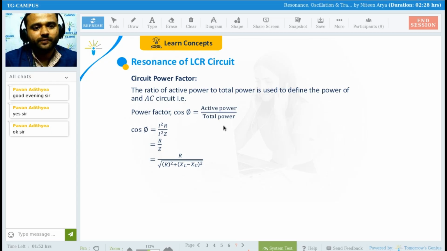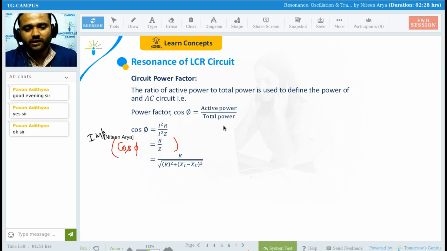Power factor cos phi is active power upon total power, which is I square R divided by I square Z. I square cancels out. So this is your cos phi. Cos phi is the power factor. Okay, so this is important also. Mathematically or physically, it means how much resistance you have as compared to the total impedance of a circuit. So that is known as your power factor.